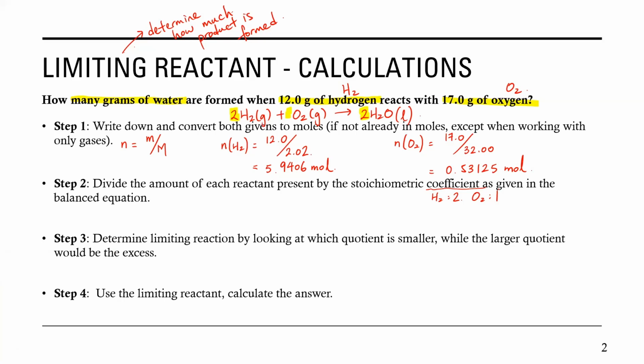So that means you have to divide the number of moles of H2 by 2, and that gives you 2.9703. On the other hand, for oxygen, it's just 0.53125 divided by 1. So that gives you 0.53125.